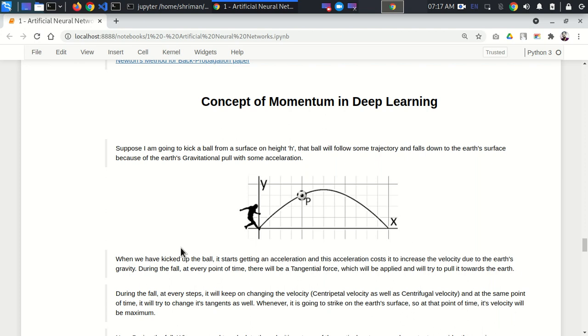So people were thinking about doing something new. Then the concept of momentum comes into the picture. Now if I talk about this momentum, do you guys have any idea about it?